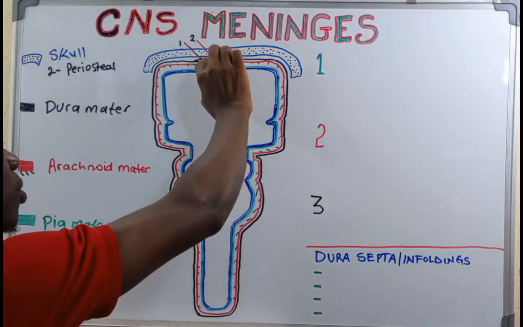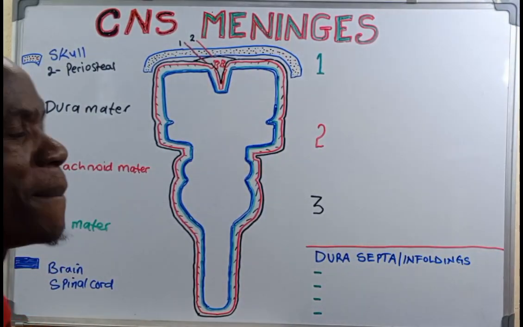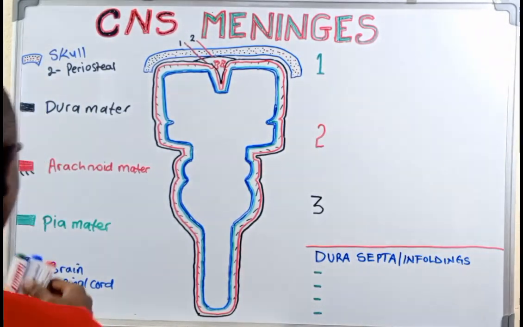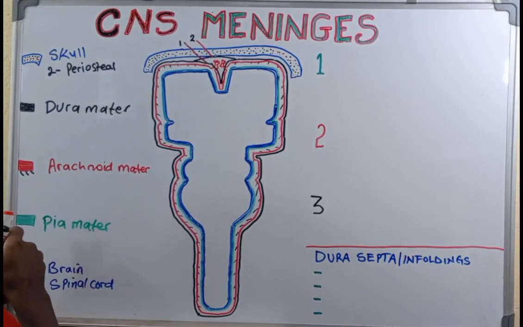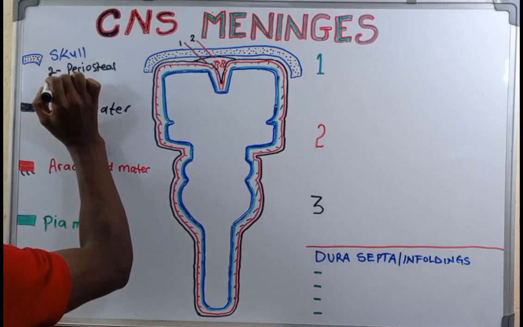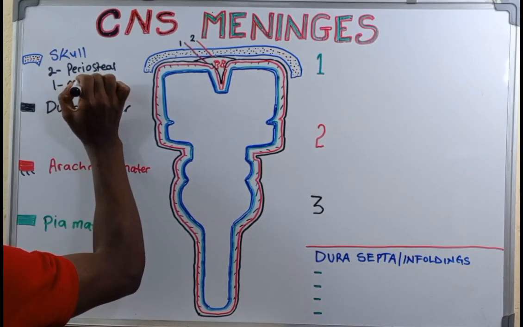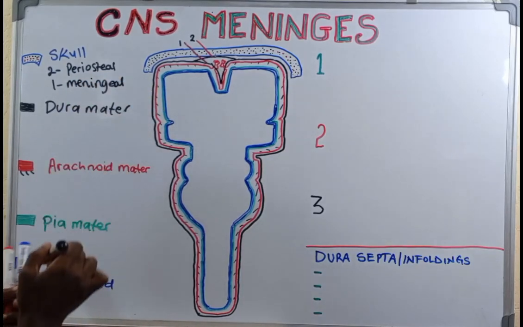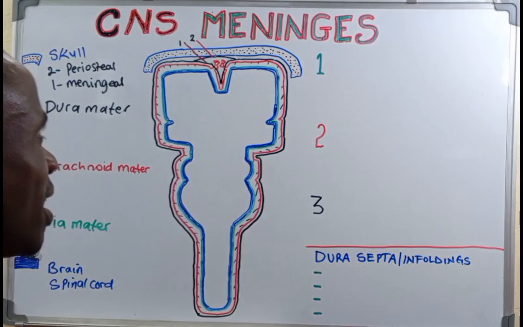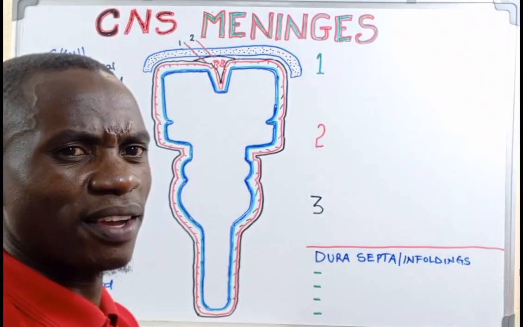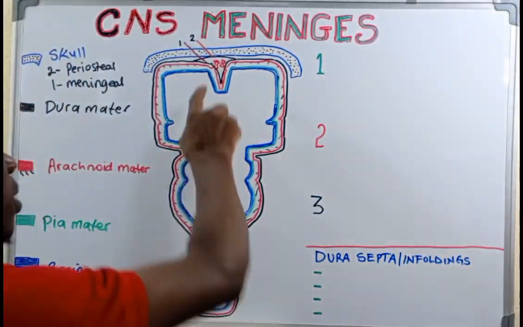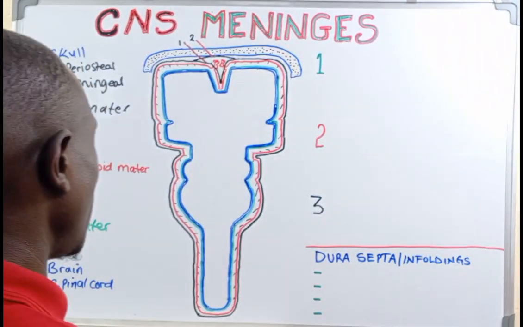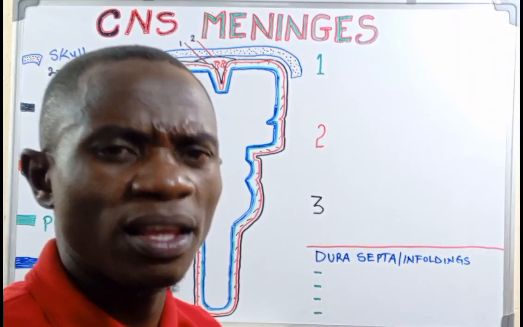It is what we call the meningeal layer of the dura mater, our number 1. Meaning that the dura mater in the brain has two layers formed in this area. This is very important.